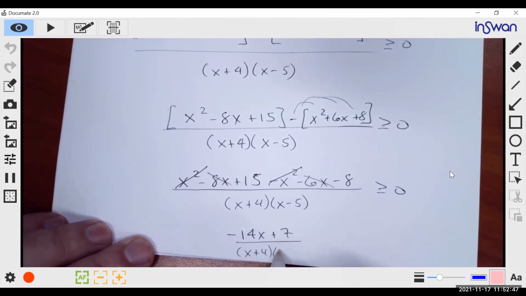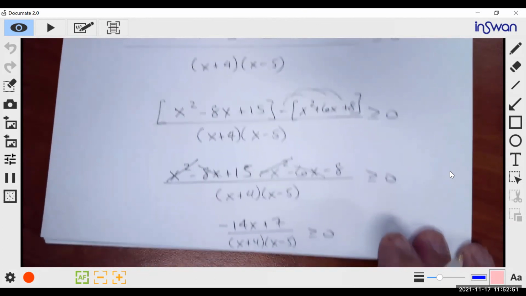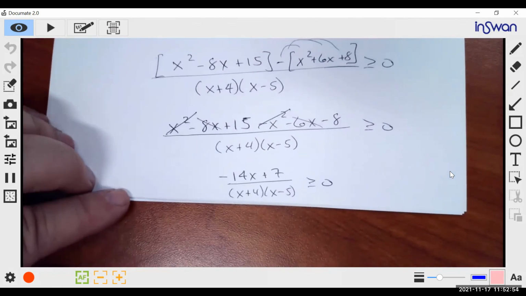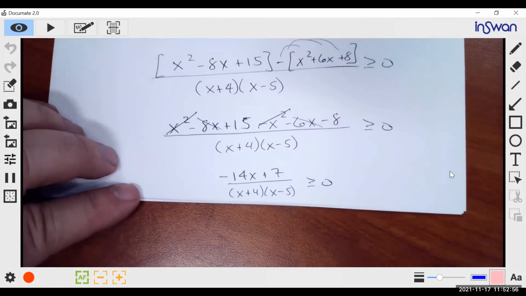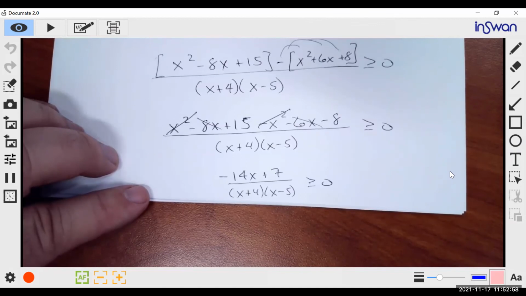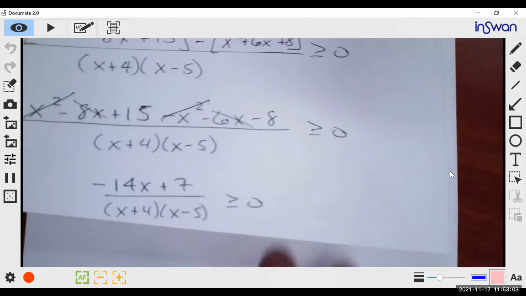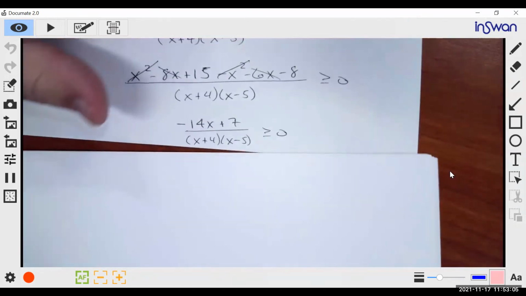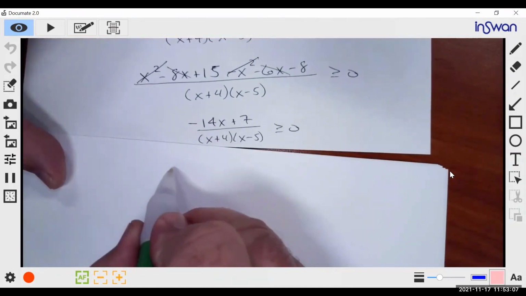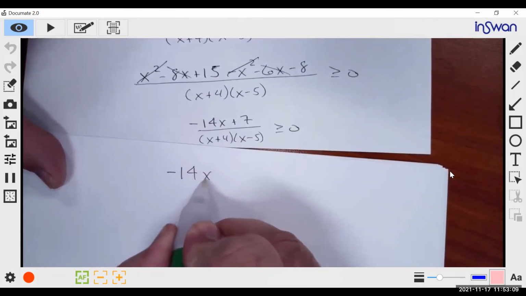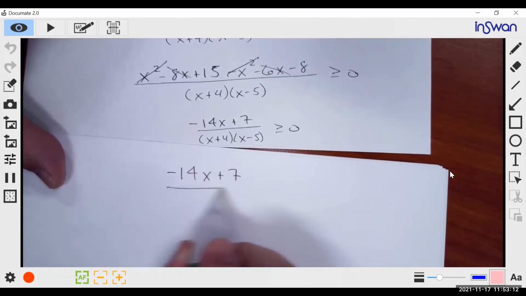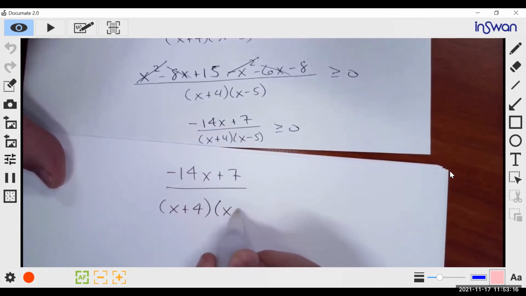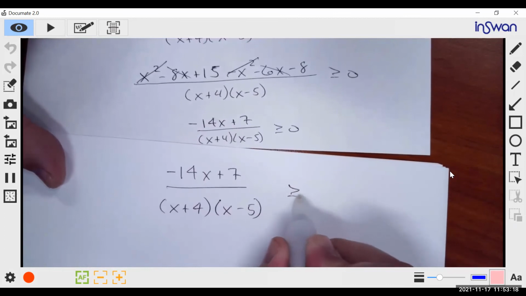So we have negative 14x plus 7 over x plus 4, x minus 5, greater than or equal to 0.